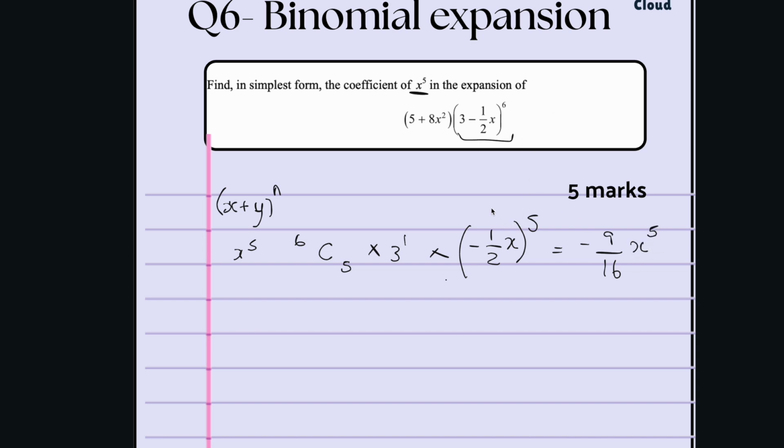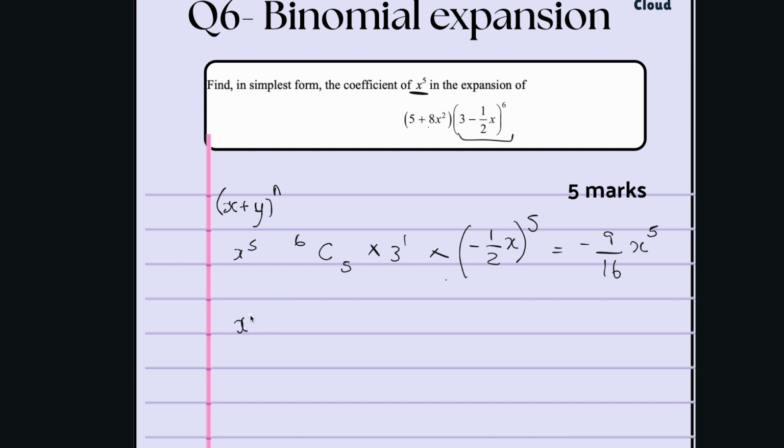Okay, so we've got the 5th, but remember, we also need to find the x to the power of 3 term, so that we can times it out by 8x squared and get x to the power of 5 basically.